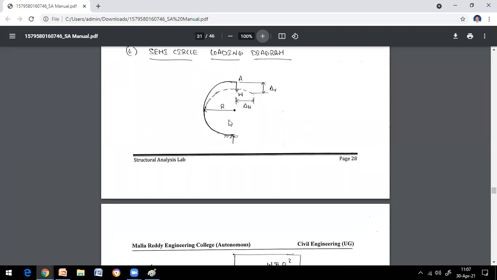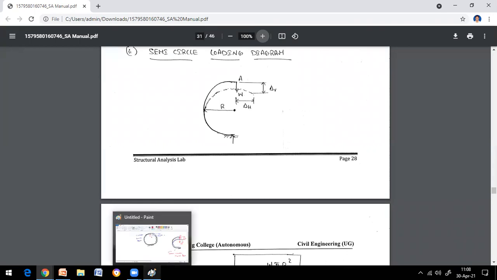That's it. So this is how the curved beams are going to be analyzed, especially with respect to their displacement. Because usually shear force and bending moments we are able to do, but if you see, the straight beams will have only the vertical displacements.